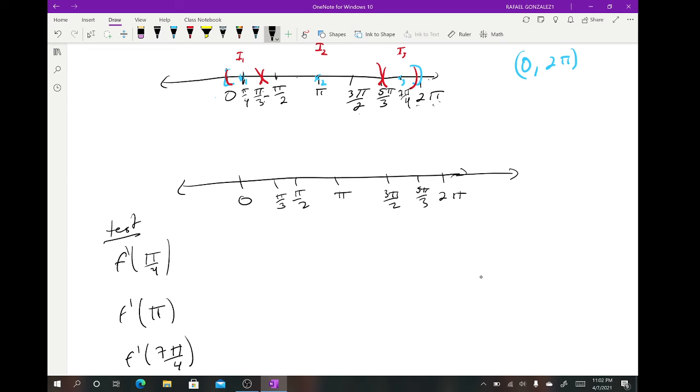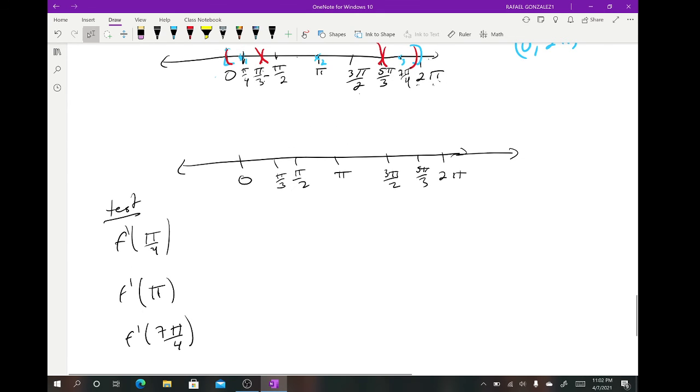And remember, we're interested in the signs more than the actual value. So this is what I was calling x1, this is what I was calling x2, this is what I was calling x3 in this image up here. Well, I know what the derivative of the function is. The derivative of the function is 1/2 minus cosine of x, but in place of x, I'm putting pi over 4.